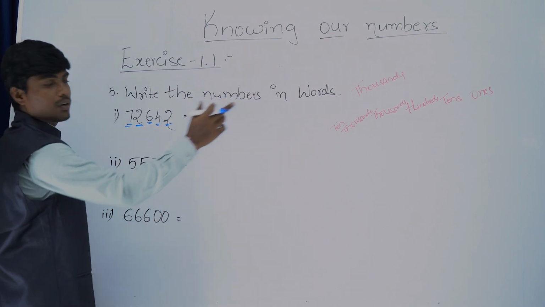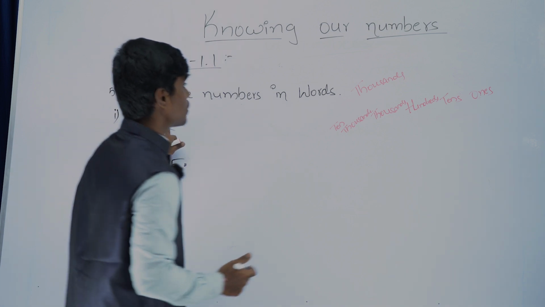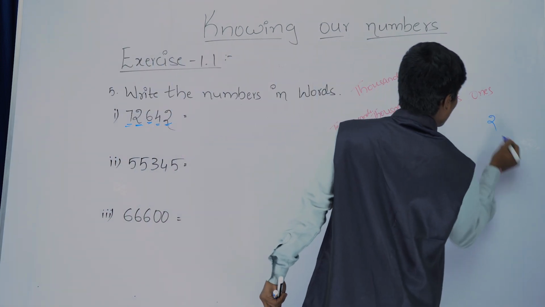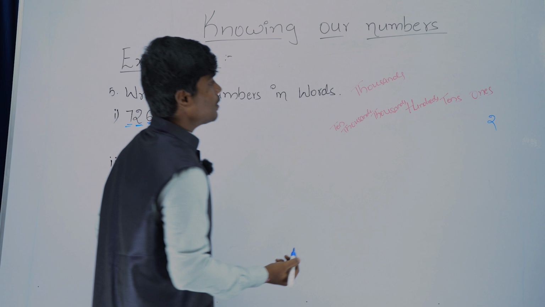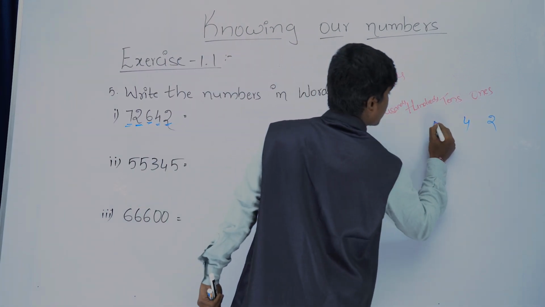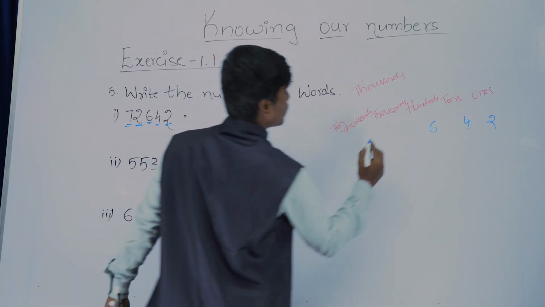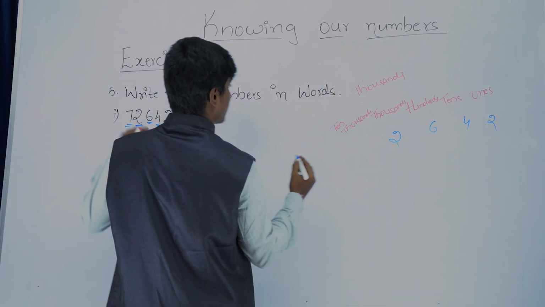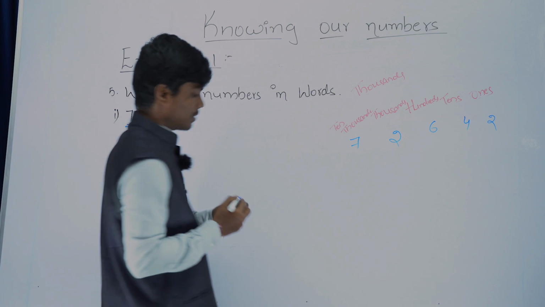Let's write down the place values. 2 is in ones place, 4 is in tens place, 6 is in hundreds place, 2 is in thousands place, and 7 is in 10,000s place.